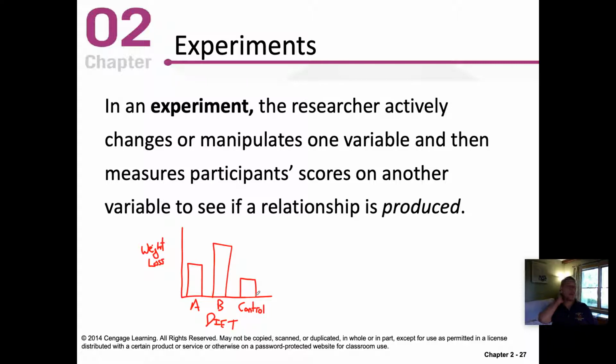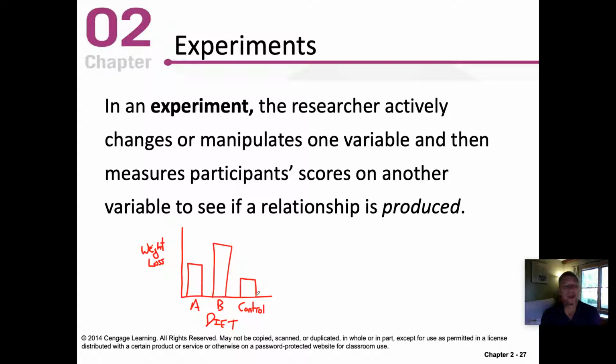The researcher in this case has actively changed or manipulated one variable. That variable would be the diet. Maybe everybody in group A only ate lettuce leaves for a month, and everybody in diet B only ate peanuts for the entire month. In the control group, the folks ate anything they wanted to.